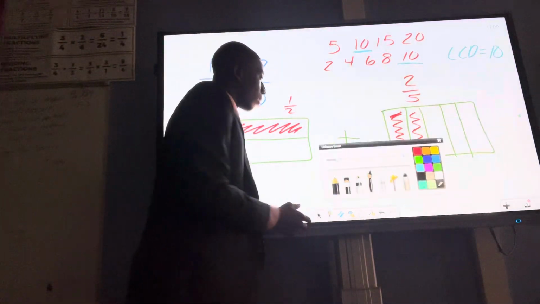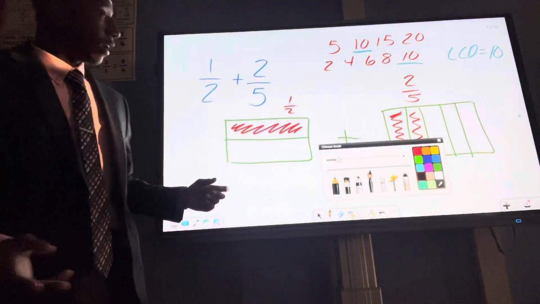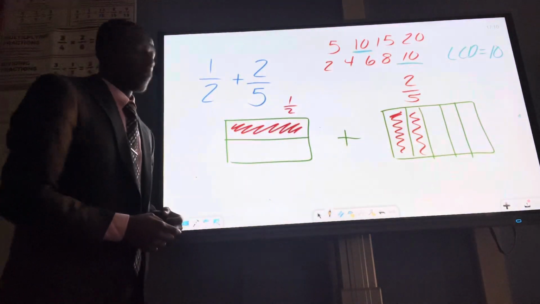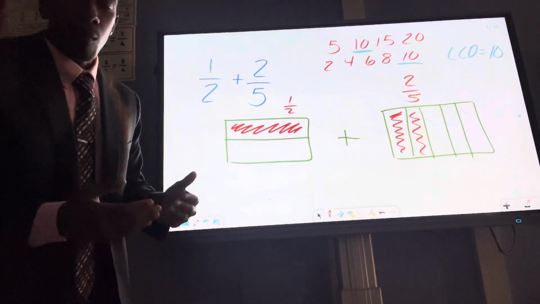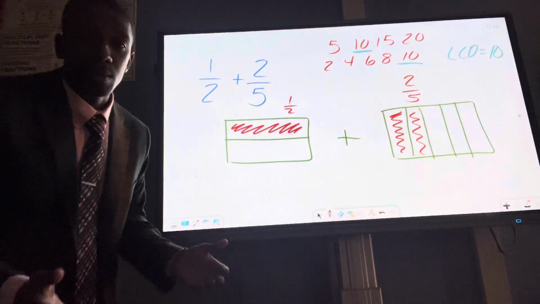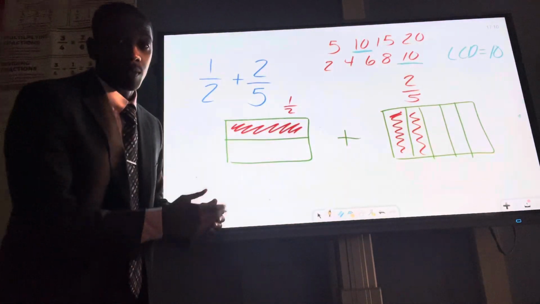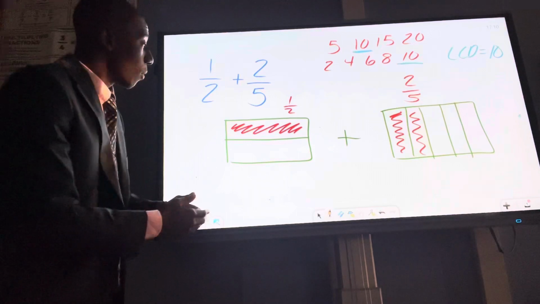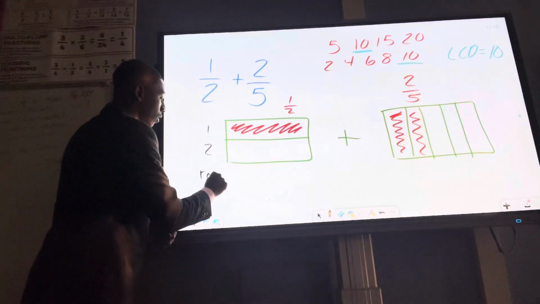So now you're gonna come back to both of your models and try to figure out, how do I get it to 10, right? So right now I got 2 pieces. I'm gonna multiply 2 pieces by what to get me to 10 pieces? I'm gonna multiply 2 times 5, right? But right now I have 2 rows.